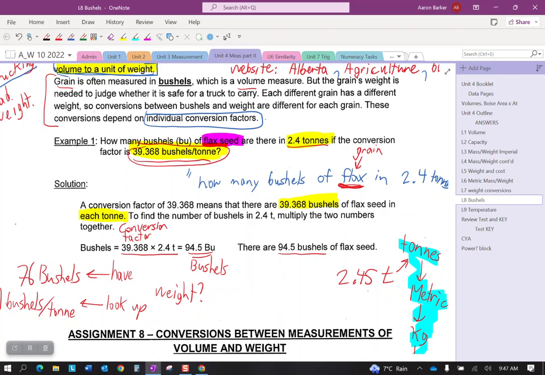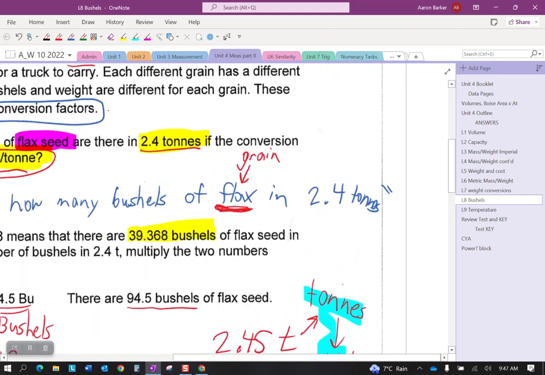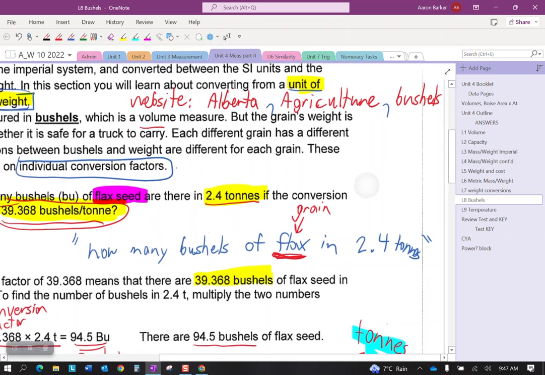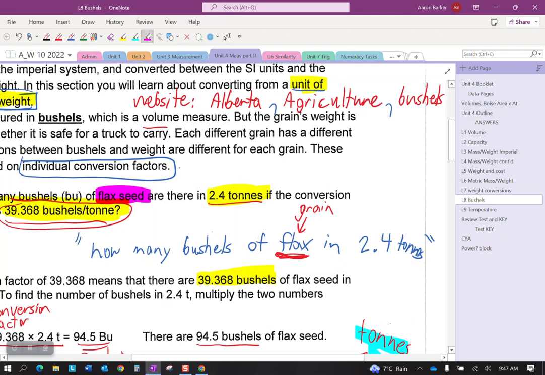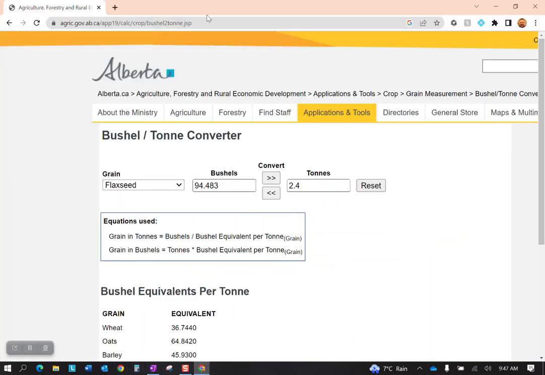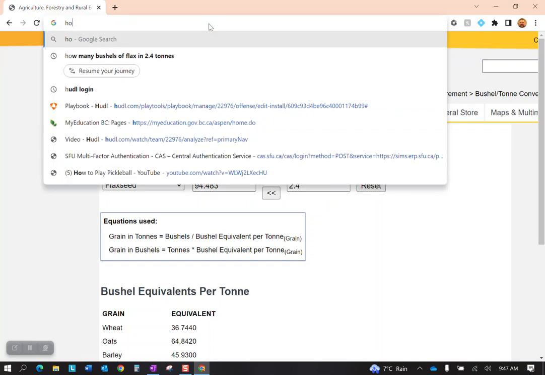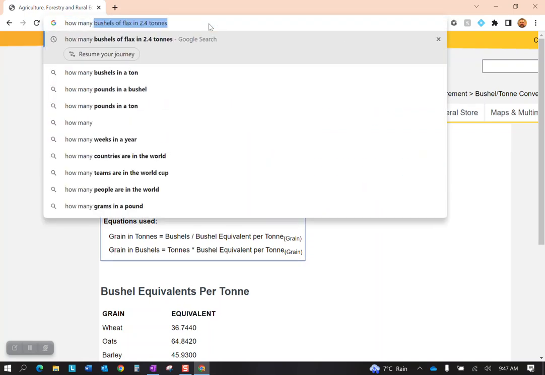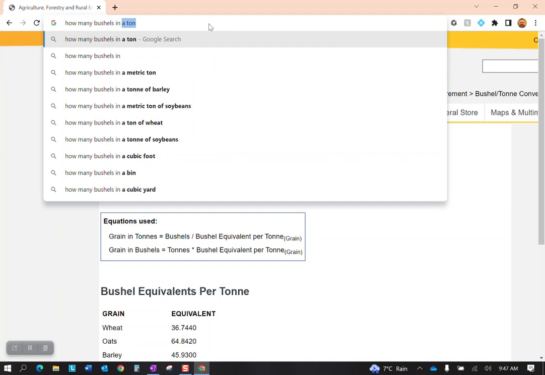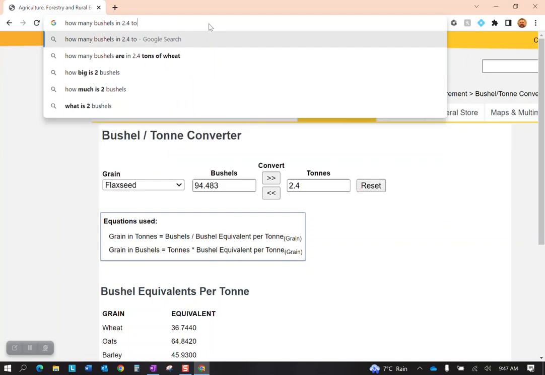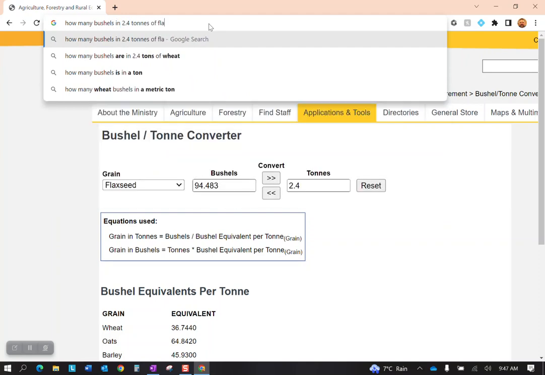All right. Now, if you just want to use Google, you totally could. So if you're going to use Google, this is what you type in. You would say how many bushels of flax in 2.4 tons. And that's going to work too. You've got to name the grain.